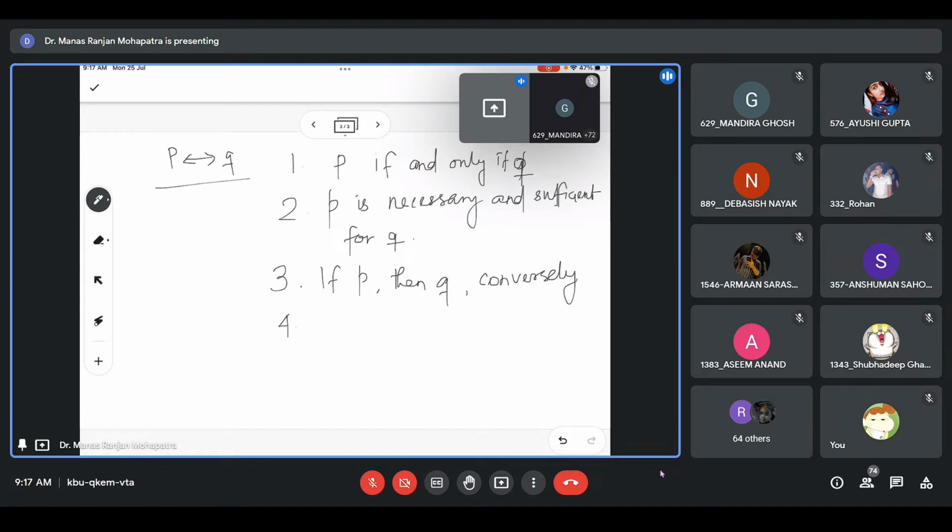The fourth equivalent form is P exactly when Q.